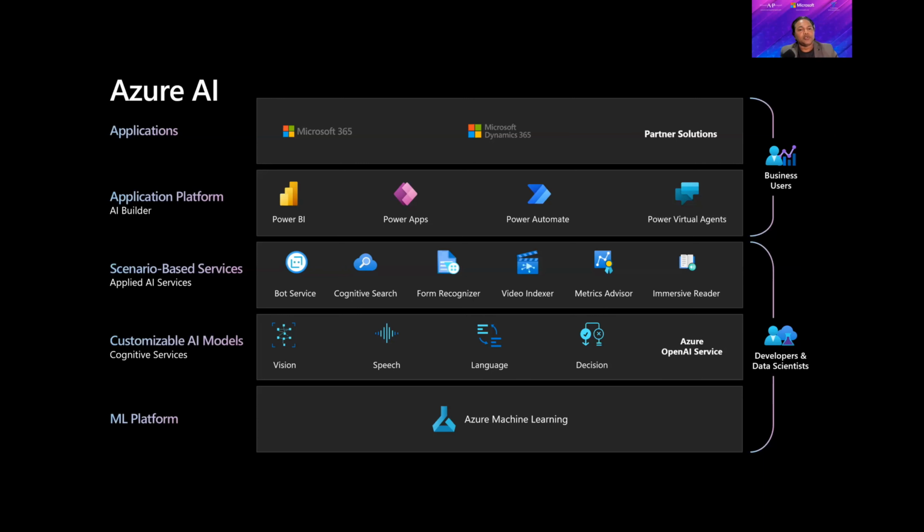These models also allow you to customize them. So with the custom cognitive services, you take a base model and then you custom train it using your own data, so it recognizes your specific data, your specific terminology.